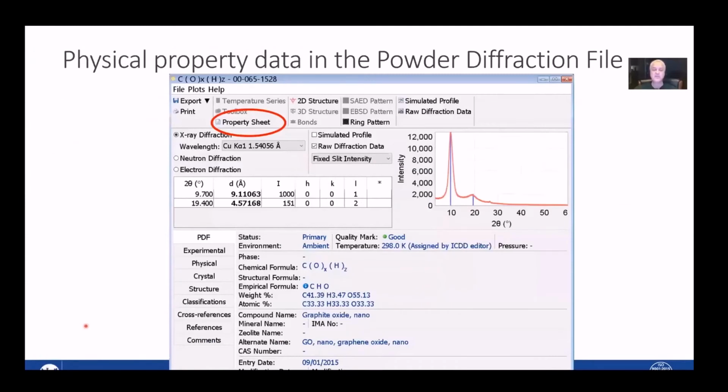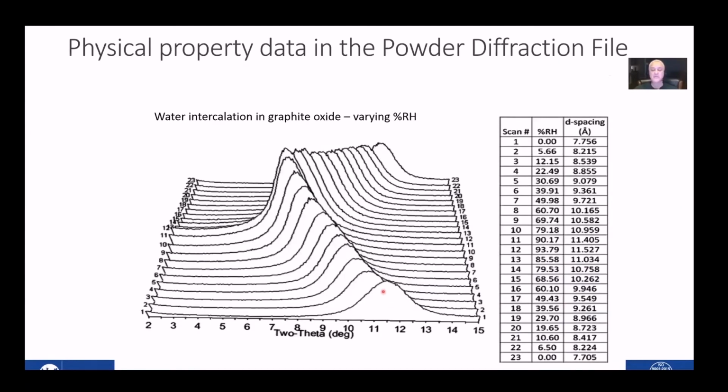In addition to being able to talk about diffraction data, we also include additional information like property sheets. Here's a case on a particular phase of the graphite oxide. We have a property sheet, and this particular property sheet is showing what is the effect of humidity on the 00L basal plane spacing.